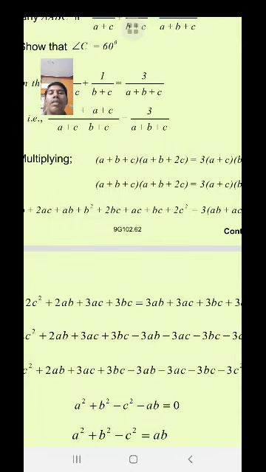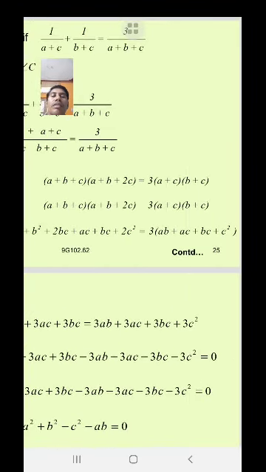You know how to multiply: the first factor a is multiplied with each term of the second factor, and after that b also continues the same, and c also. So 3 into 3 means 9 terms come on the left side, and on the right side 2 into 2 means 4 terms come.